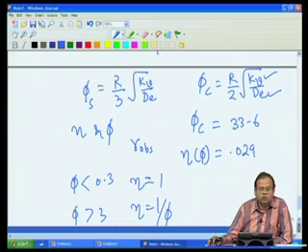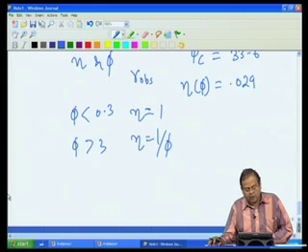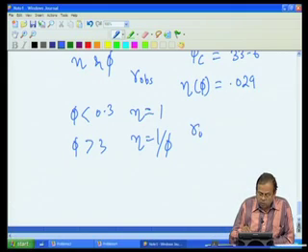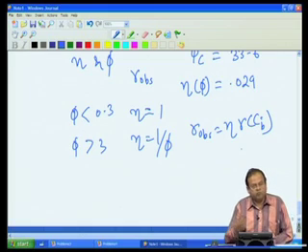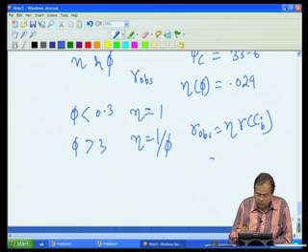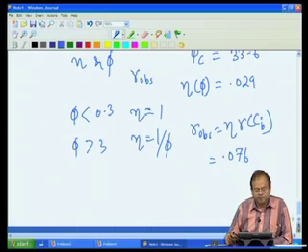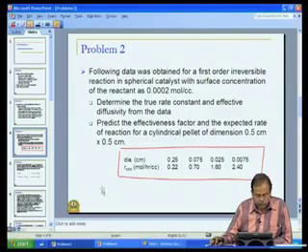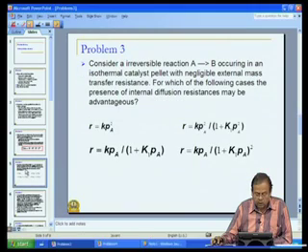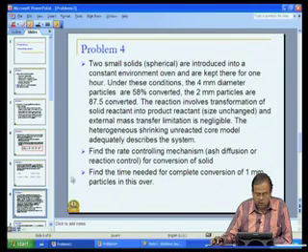You do not have to use any formula, because this magnitude is an order of magnitude higher than phi equal to 3. So, we have our solution, and then R observed will be eta times R of CB. So, we have all the information and we will get the observed rate, which works out to be 0.076. Okay. Let us look at another problem. I think this one we had seen earlier.